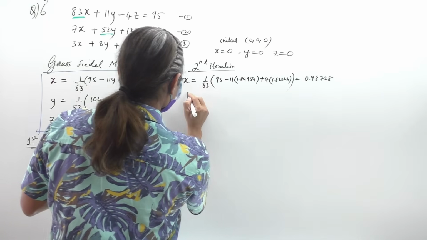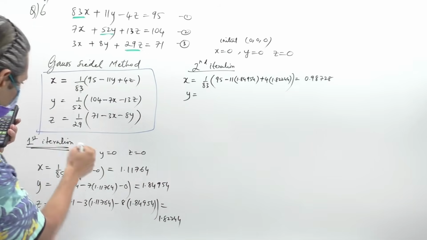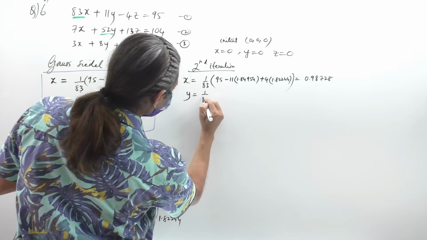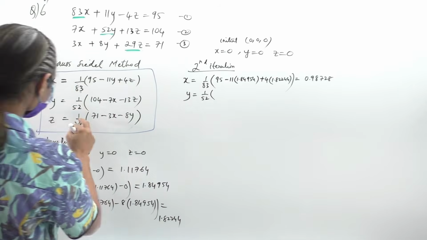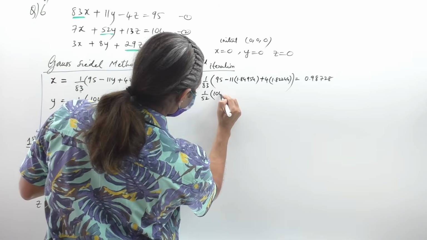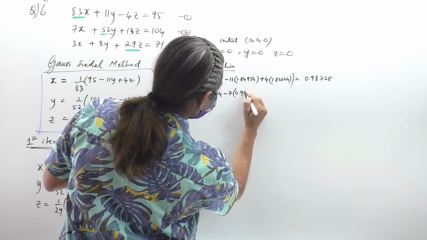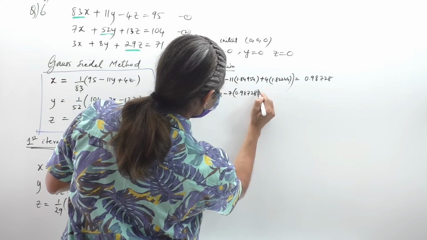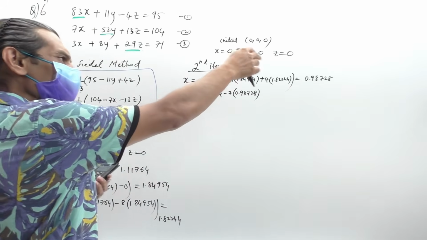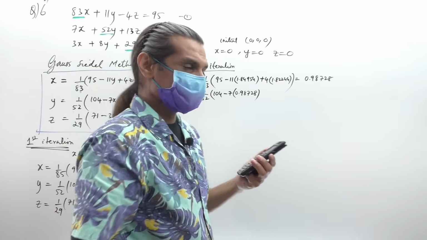Fine. Now next y, 1 by 52, 104 minus 7 into, what is new x? 0.98728. I hope you are getting this clear now. So whatever value you are getting now, that becomes a new value for the next step, next variable.